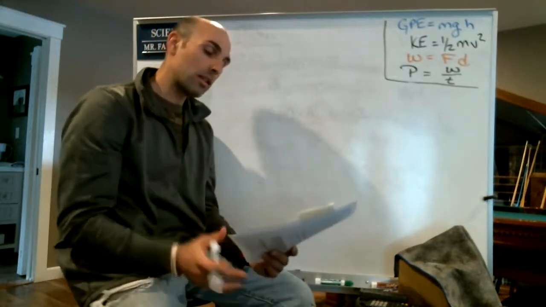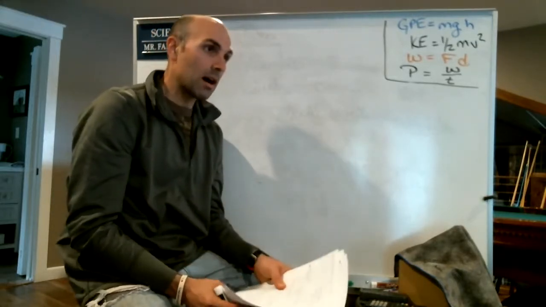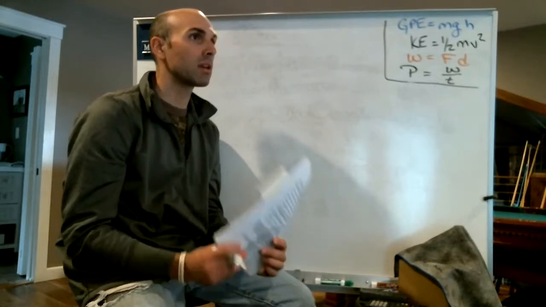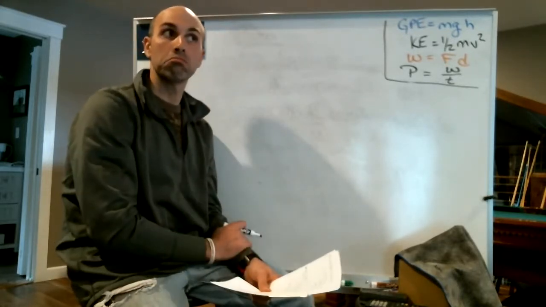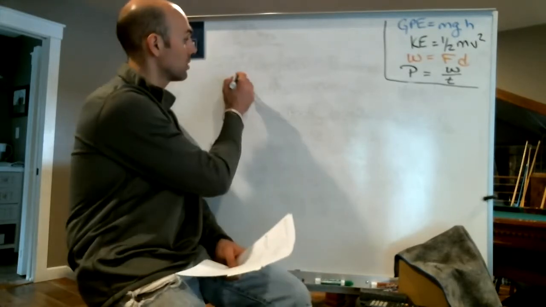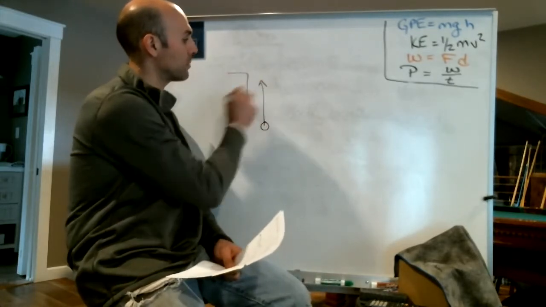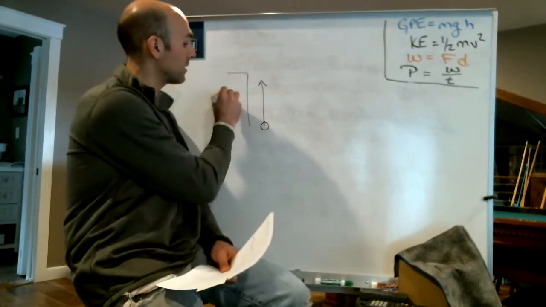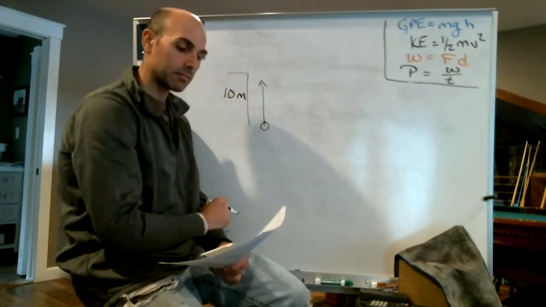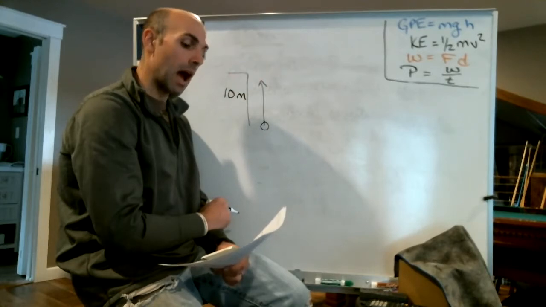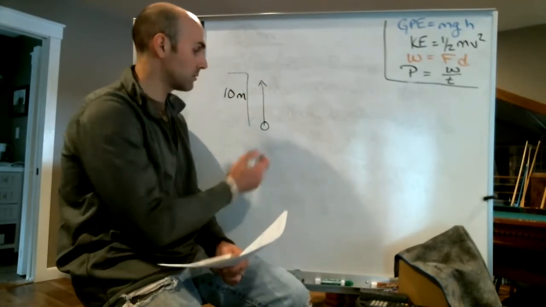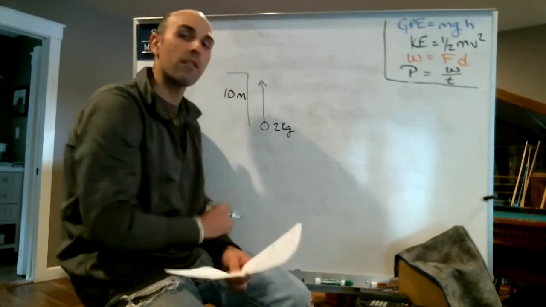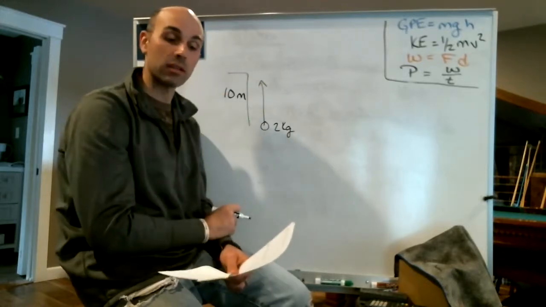So let's say that an object is being lifted up towards the 2nd floor, and that 2nd floor is 10 meters high. And the object has a mass of, I don't know, 2 kilograms. Find the work that was done to lift that object up.